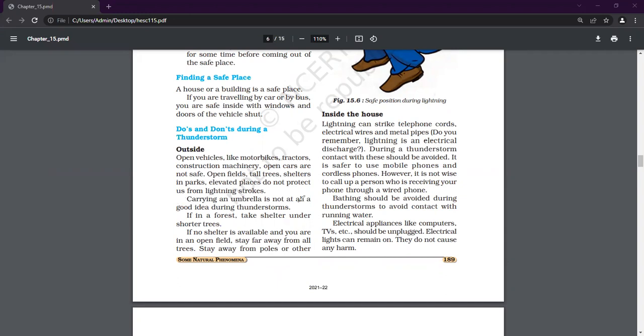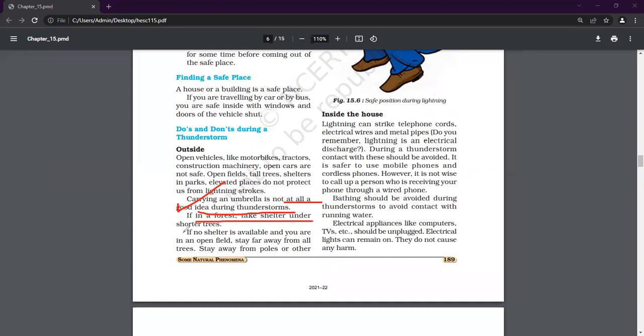Carrying an umbrella is not at all a good idea during thunderstorms. I will say it is also not a good idea to carry one during thunderstorms, because lightning can be attracted by the umbrella also.